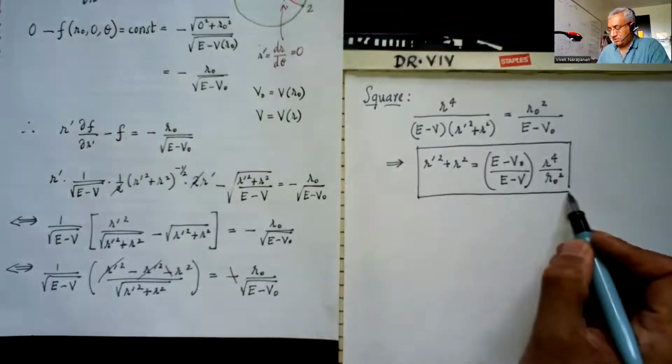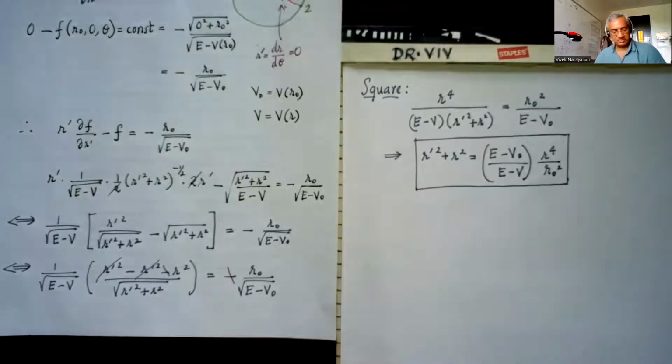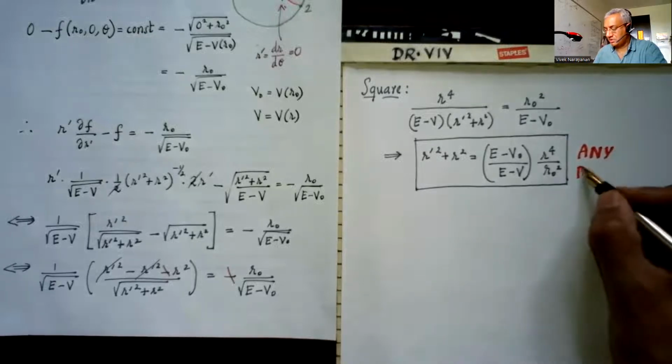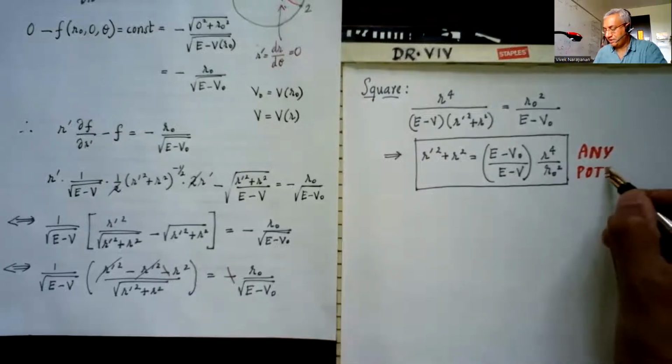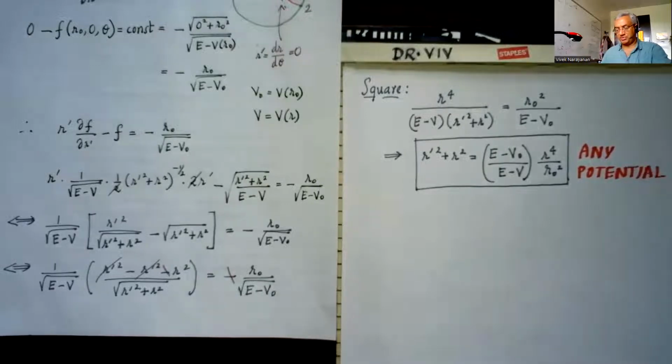Now, this is a general expression and it's valid for any potential. So I'll just mention that. So if you feel inspired, you can try different potentials and see what kind of curves you generate in your computer. That's just something for you to do.